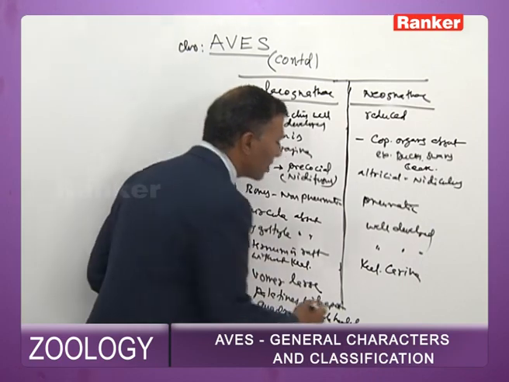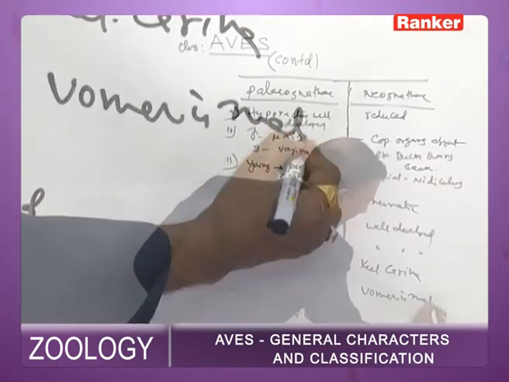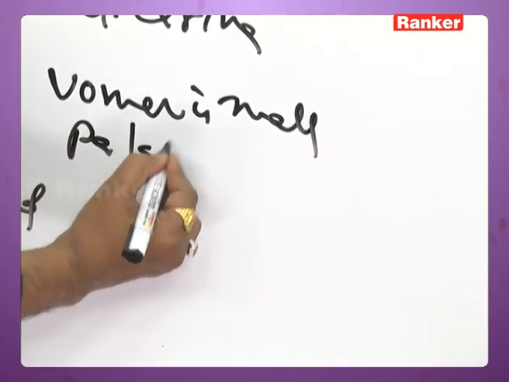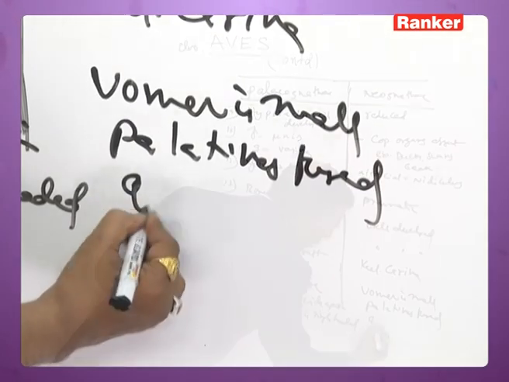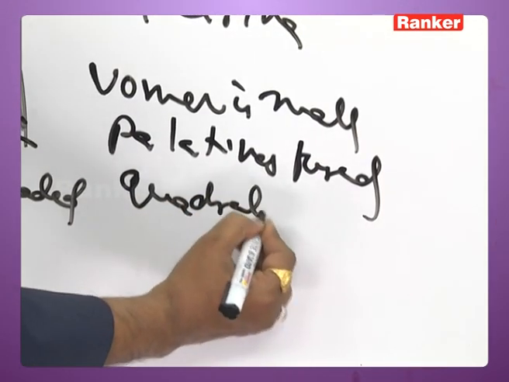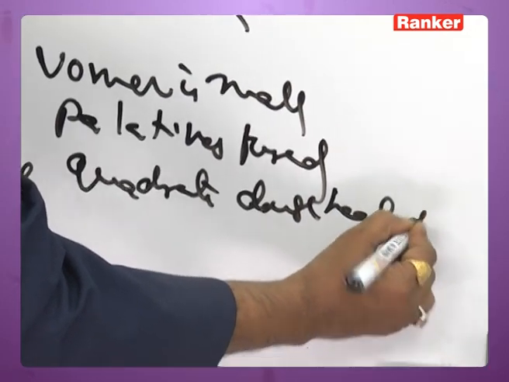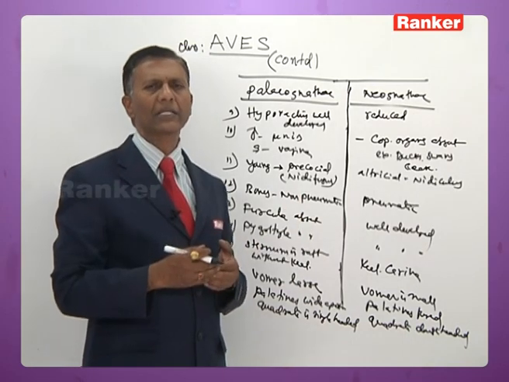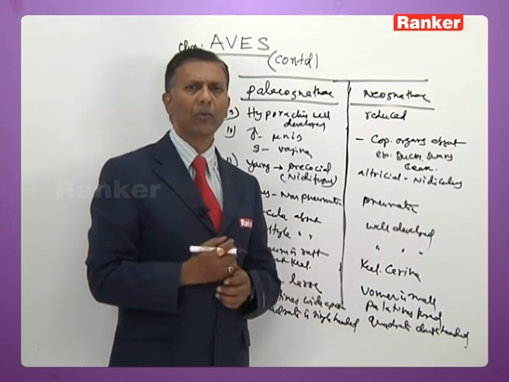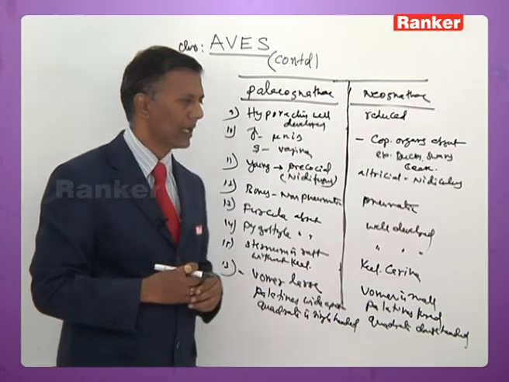The vomer is small, as a result the two palatines are fused, and the quadrate bone is double-headed. These are all characteristics of neognathae.